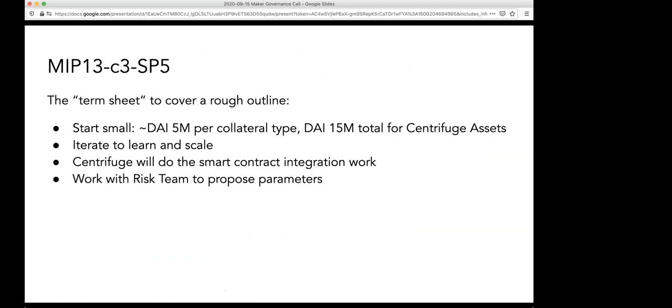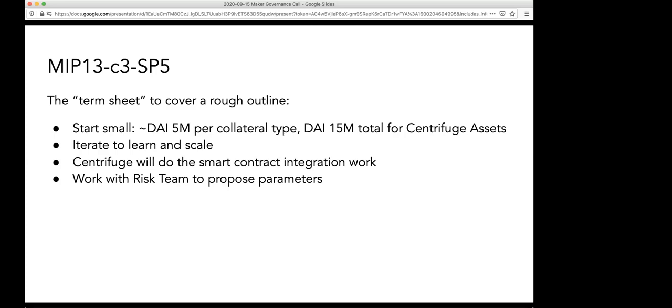Going into detail a bit, the MIP 13 declaration of intent is a way for the Maker community to declare something. What does that mean? It means that a statement is written, iterated on together with the community, and then brought forward to a vote on chain.